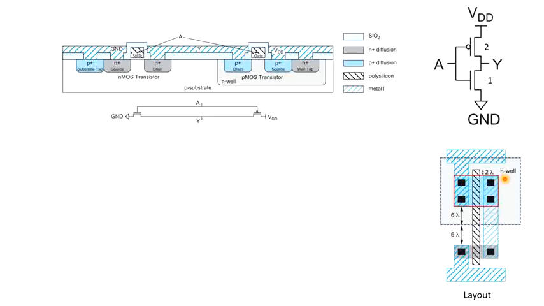Besides, we can also see some dimensions written here, for example, this 2 lambda, 6 lambda, and again 6 lambda. So what are these dimensions? These are the dimensions of this layout. Remember, this layout represents the actual dimensions of the device on the silicon substrate.